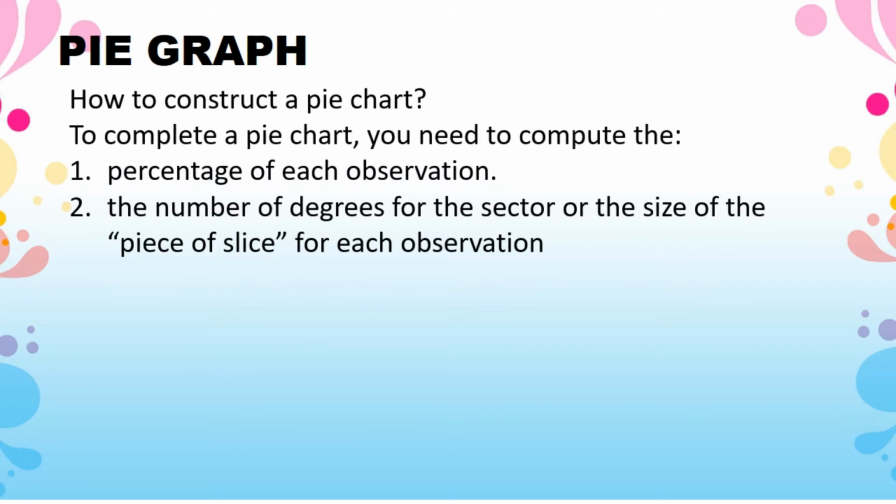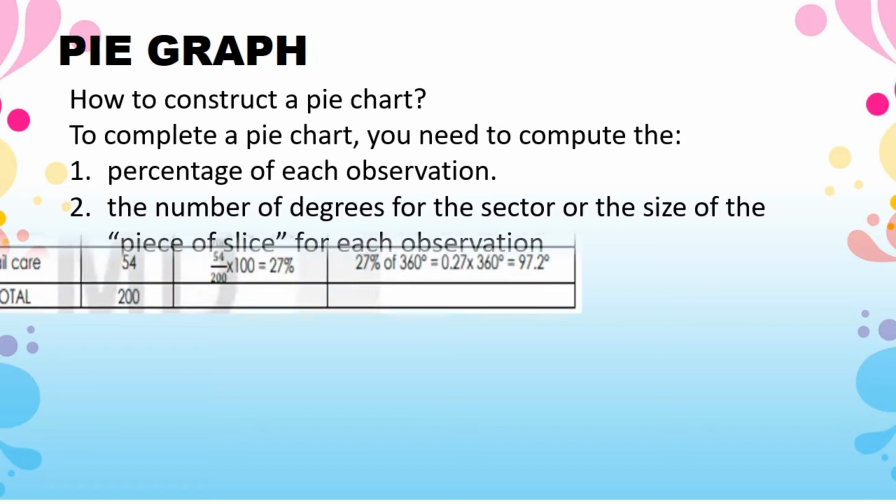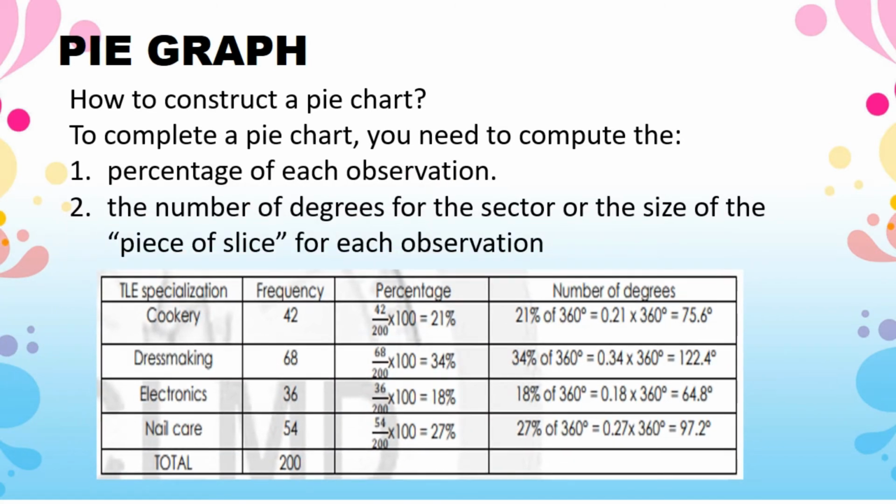To complete a pie chart, you need to compute first the percentage of each observation, then the number of degrees for the sector, the size of the slice for each observation. Look at the table. To compute the percentage, all you need to do is divide the frequency by the total frequency.